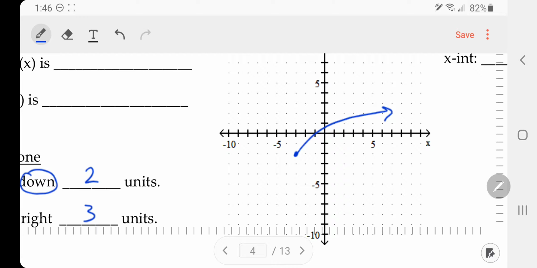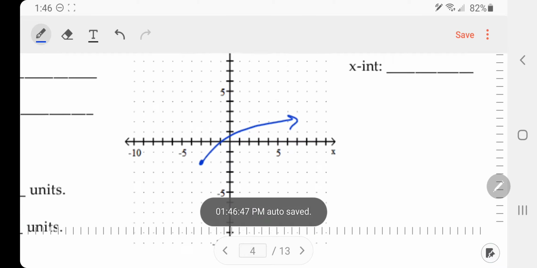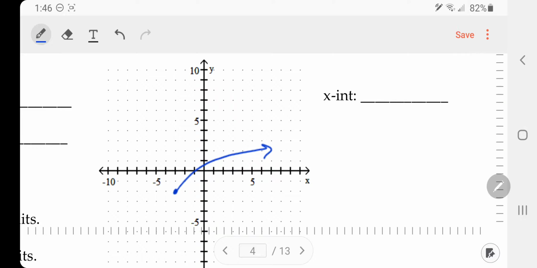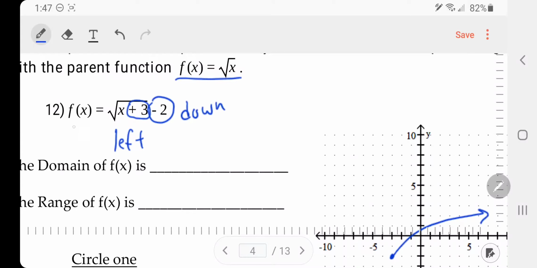If I wanted more detail, I could do ordered pairs. Not that necessary. But they do want the x-intercept, I see, so we probably at least need to find that. So let's make us a little table. We know the x-intercept occurs when y is 0, which means we would need to replace f of x with 0 and solve this equation.